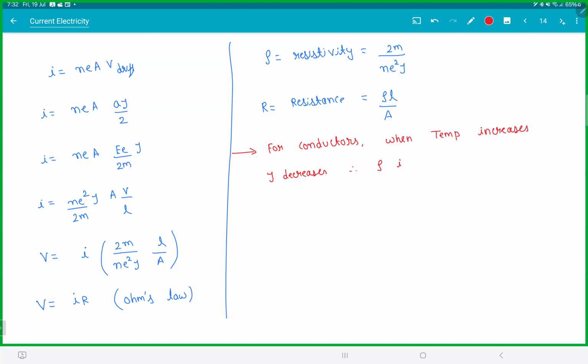Therefore, rho increases, and therefore resistance increases. So for a conductor, when you increase the temperature, resistance increases. But for semiconductors, something else happens. In semiconductors also tau decreases, but when temperature increases, they have fewer free electrons. Most of the electrons are trapped in the atom.